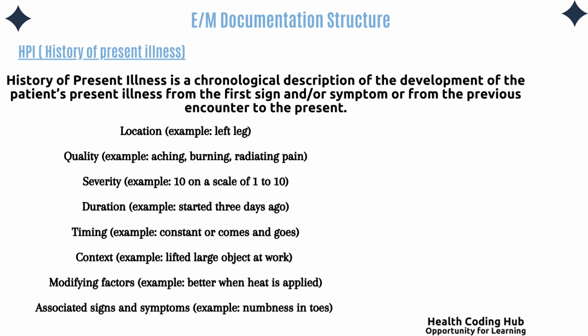Location, for example, say left leg; quality, like itching, burning, radiating pain; severity, a scale measurement like 1 to 10; duration, like started 3 days ago; timing, like comes and goes or constant; context, for example, say lifted a large object at work; modifying factors like better when heat is applied; associated signs and symptoms like numbness in toes.